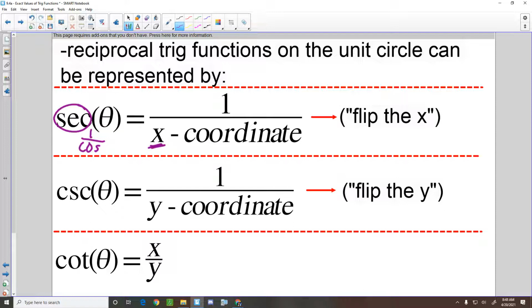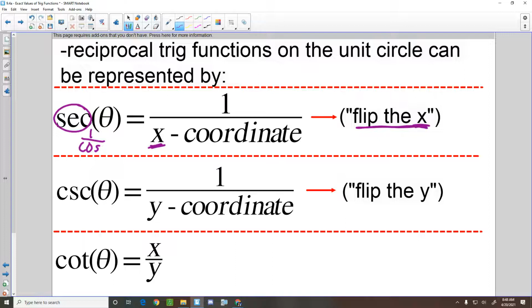Because c and x both come earlier alphabetically, remember how I matched those up? So the secant is simply 1 over the x-coordinate. So to do that, just take the x-coordinate at that angle, and you're just flipping that fraction. So if the x-coordinate were 1 over 2, the secant at that angle would be just 2 over 1.